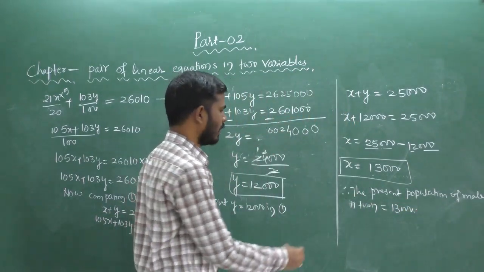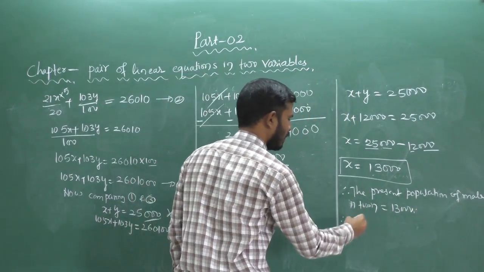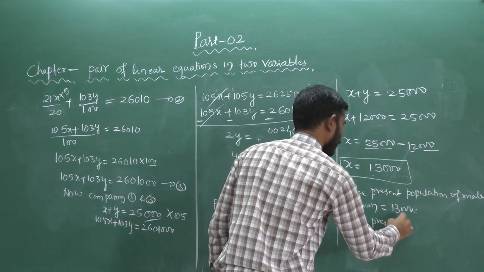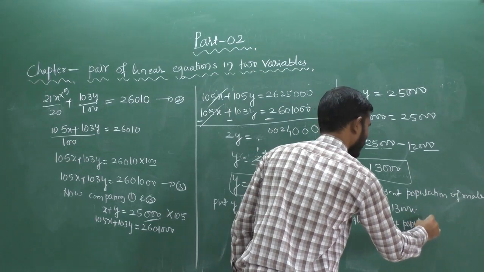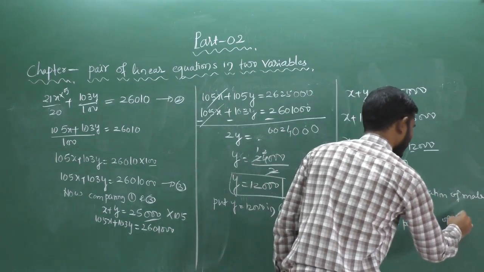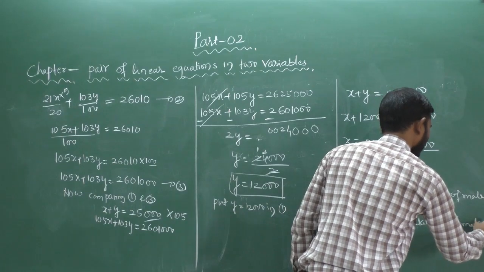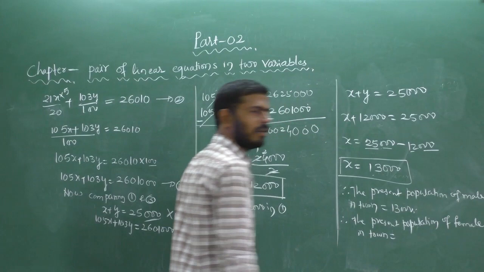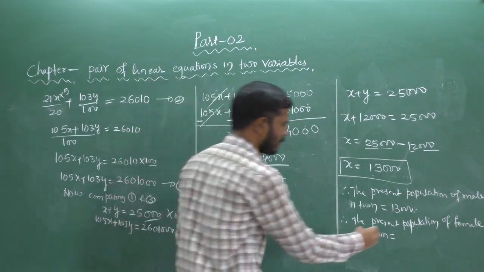Next you have to write here, similarly, the present population of females in the town equal to 12,000.